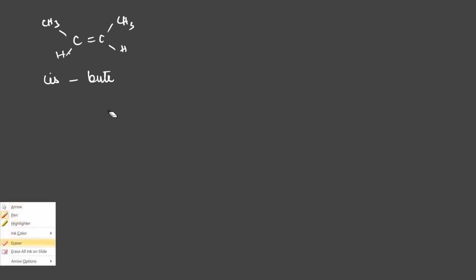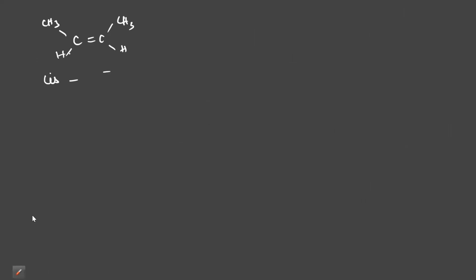So let's see some examples for cis and trans. Very basic example: C double bond C, CH3, CH3, and let's keep H and H here. What is this? It is cis. This is cis-butene.